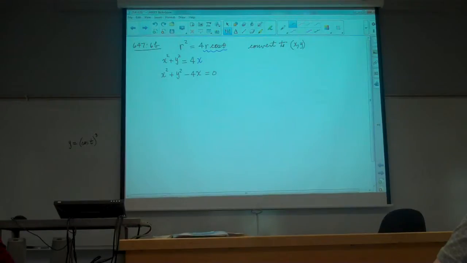And then you would add a 4 on the other side, so that's a circle whose center is 0, 4 with radius 4. You get the idea? All they told us to do was write it in terms of x and y. Okay? Let's do 6C.